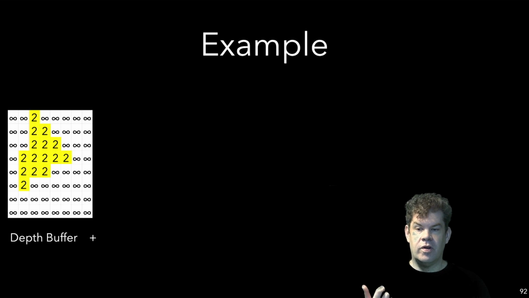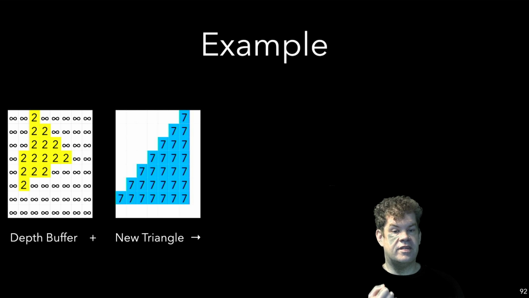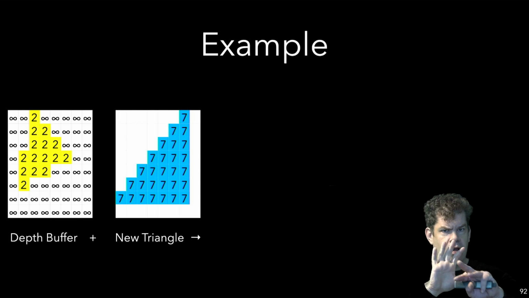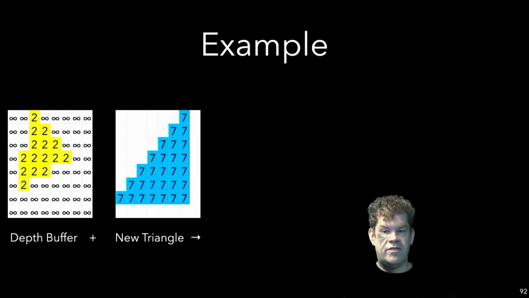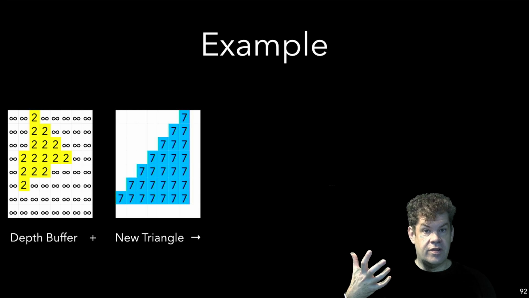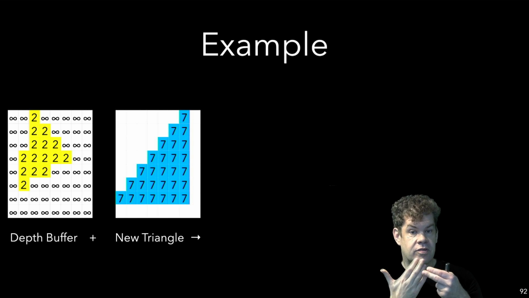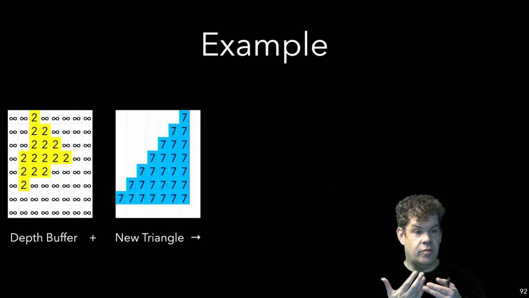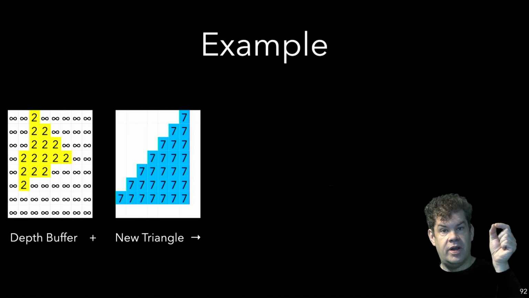Now what I want to do is render another triangle, a blue triangle that has depth 7. They're all perpendicular to my viewing direction, again, for simplicity's sake. So what I basically have is this structure here. Those are all the fragments that I generated. Then some of those fragments should be visible, and some of those should be covered by the ones with depth 2. But the question is, how do we deal with that? Well, we do this by comparing, for each fragment, their depth values.